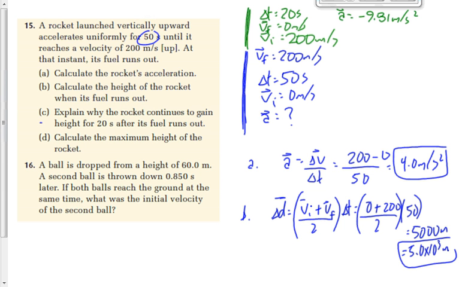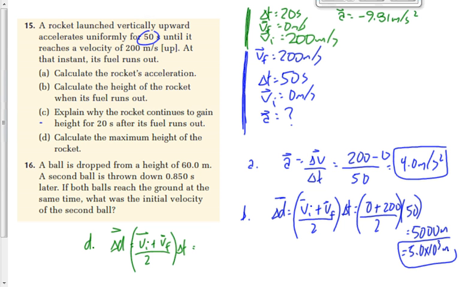Question D, the maximum height of the rocket. Let's say D is equal to VI, actually, let's go VI plus VF over 2 times T. VI, now remember, this is after the rocket stops burning.